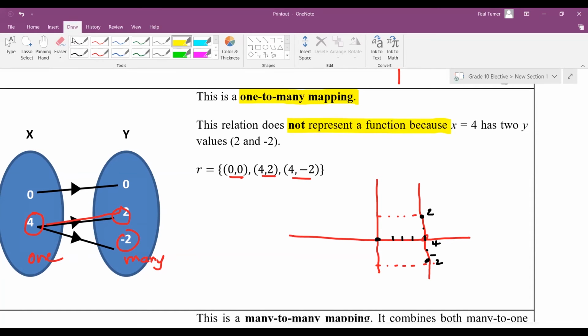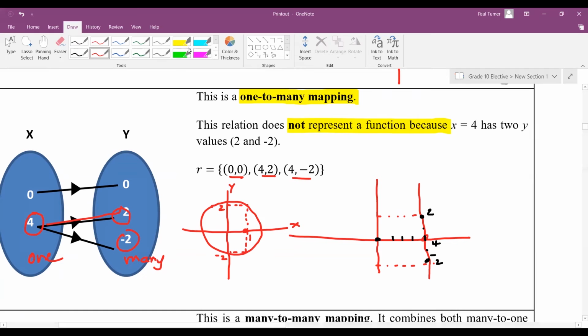An example would be your circle, like that. So if we have a circle, which you'll learn in semester 2, this x value, 1, has 2 y values. Let's call it 2 and minus 2. I'm not sure. Just make it up. So this x value, 1, has 2 y values, and this is not allowed.